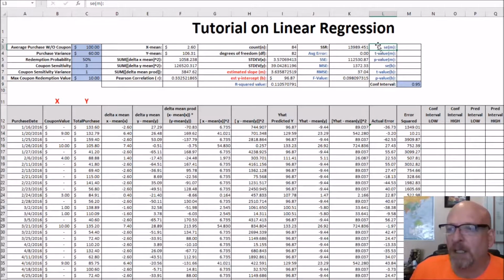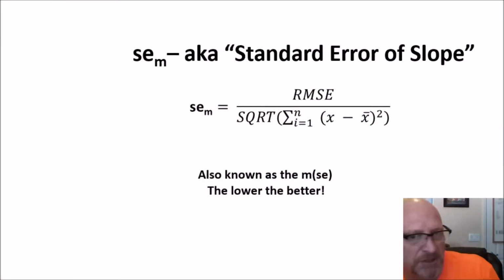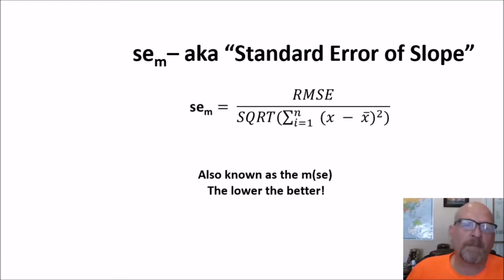This is what we call the standard error. Here it is, the standard error of slope. We say this as SE sub m, where m means the slope, or you could just say it's the SE for the slope. How do you calculate it?